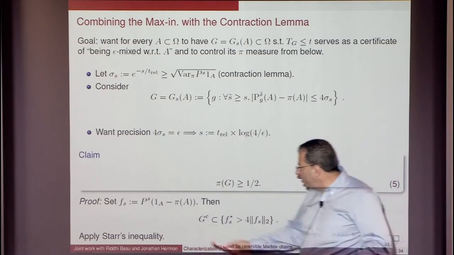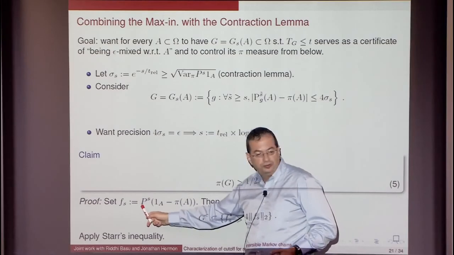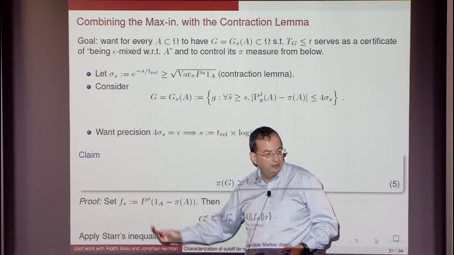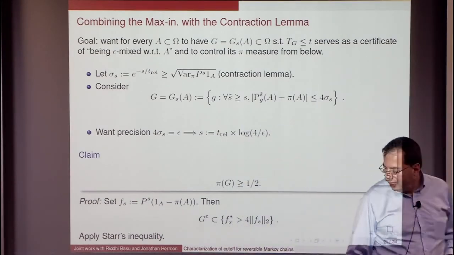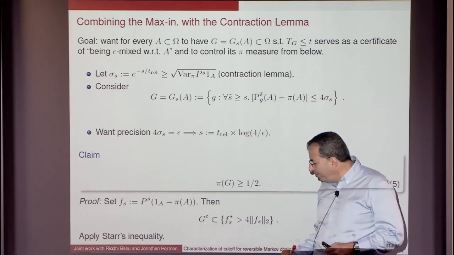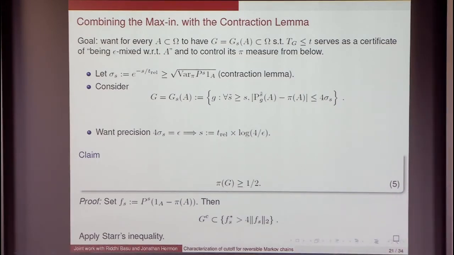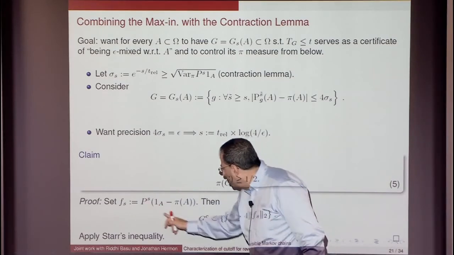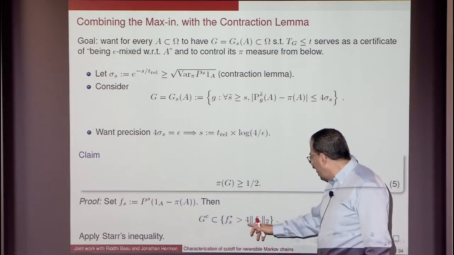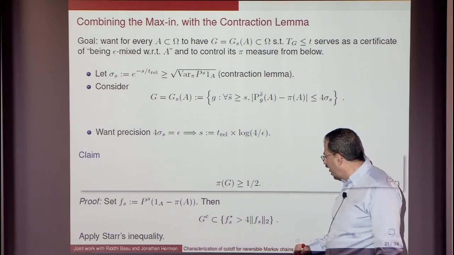So you look at this function f_s, which is the push: you take the indicator of A, subtract its mean, and push forward s time steps. So this is a function f that depends on s. And now the bad set, the complement of G, if you think about it, is exactly the set where the maximal function, not of f, but of f_s, should be bigger than 4 times the norm of f_s.